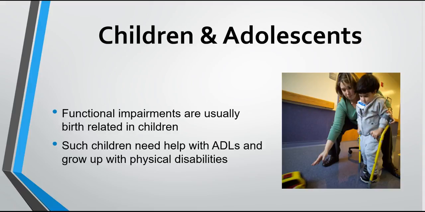These children grow up with developmental disability and need help with activities of daily living. Some children also have intellectual disabilities, such as Down syndrome, and they also grow up to be developmentally disabled.